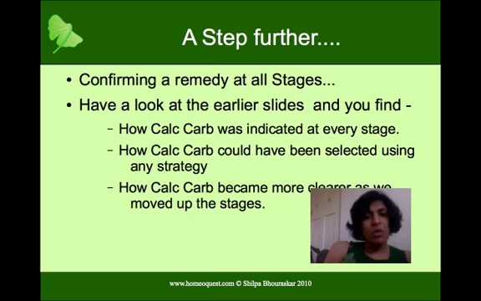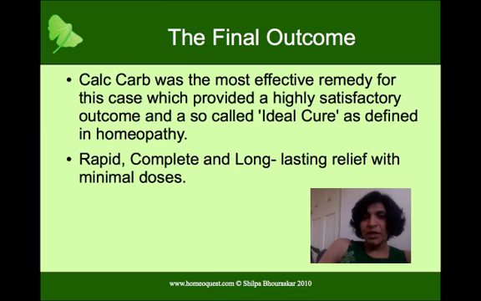So it was just becoming more and more clearer as we moved up the stages. And that's the whole beauty of using different strategies and different ways of confirming your prescription at so many different levels.